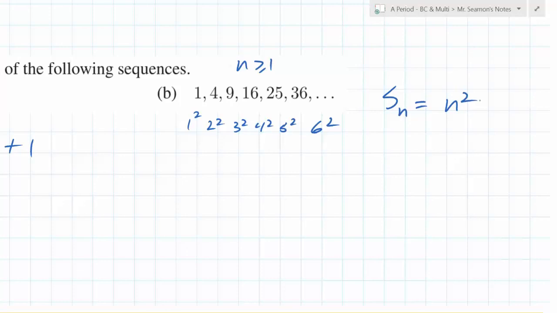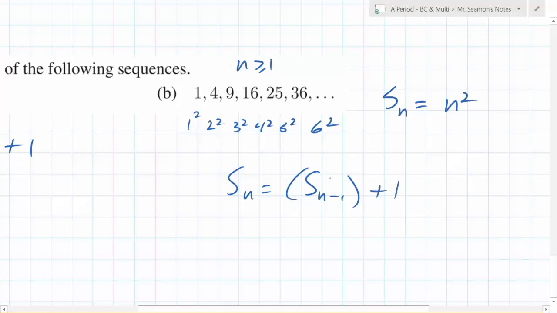Does anybody have a cheap way of writing a recursive definition for this one? Anybody want to guess? There's a cheap way. Sn minus 1 plus 1 squared. Yes, so you could say Sn is equal to Sn minus 1 plus 1, quantity what?